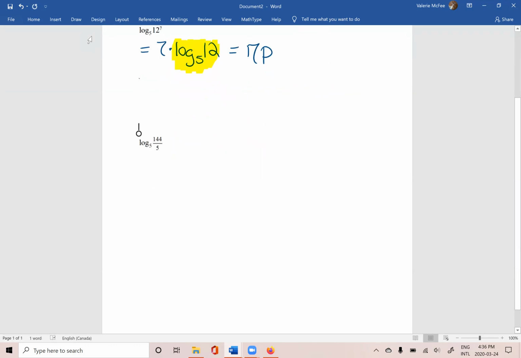All right, we need to remember some properties before we do this one. We have that property that says log base a of m divided by n can be written as the difference of logs.